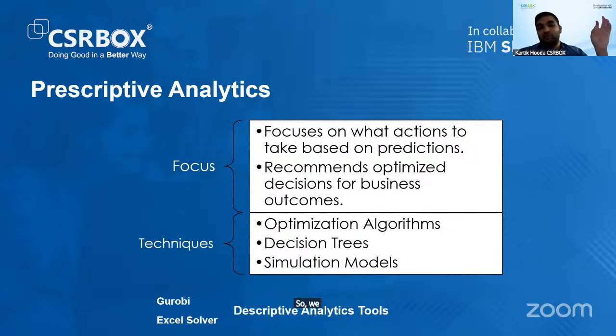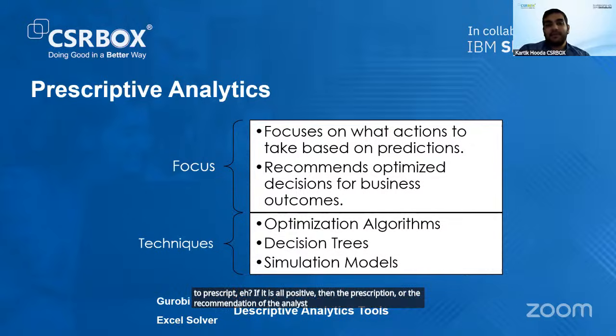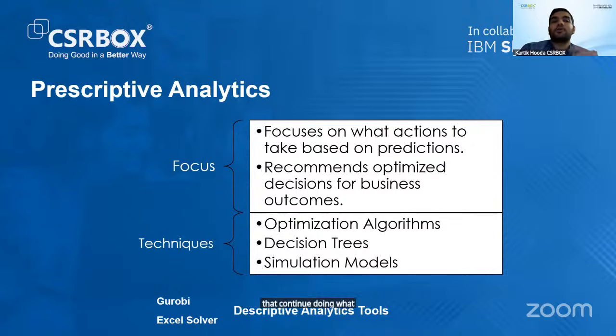So through descriptive analytics, we saw what happened. Through diagnostic, we saw why it has happened. Through predictive, we saw what might happen. And through prescriptive, since we know what has happened, why it has happened, and what will happen, if it is all positive, then the recommendation of the analyst would be to continue doing what you're doing because you're on a good path.